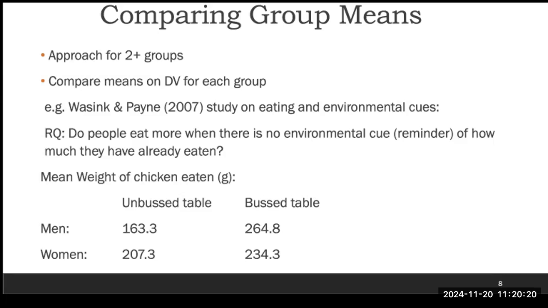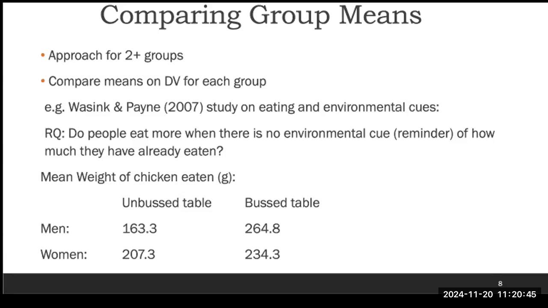Now let's compare it to the group in which the bones were taken away, so they had no environmental cue, no reminder of how much they've eaten. Well, look at the difference. Men ate over 100 grams more of chicken wings when they didn't see the bones on the table. Women still ate more, but the change was not as much.